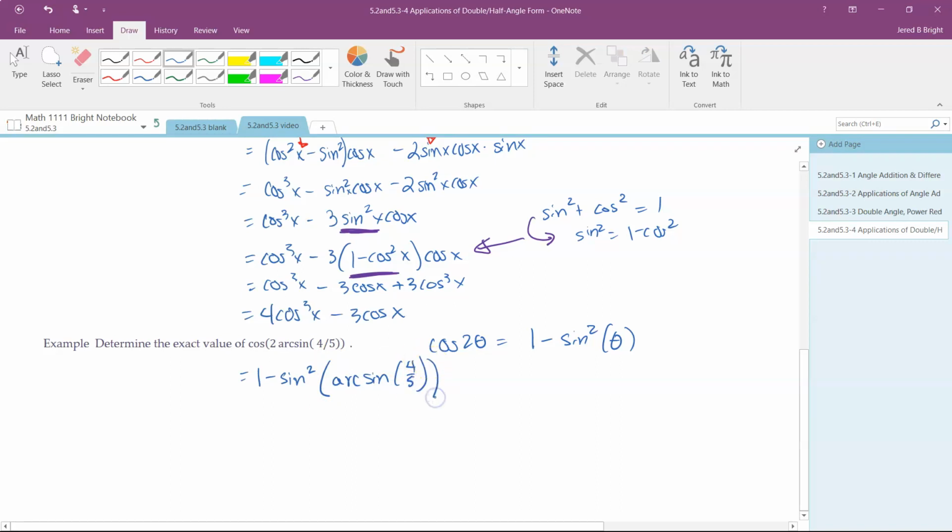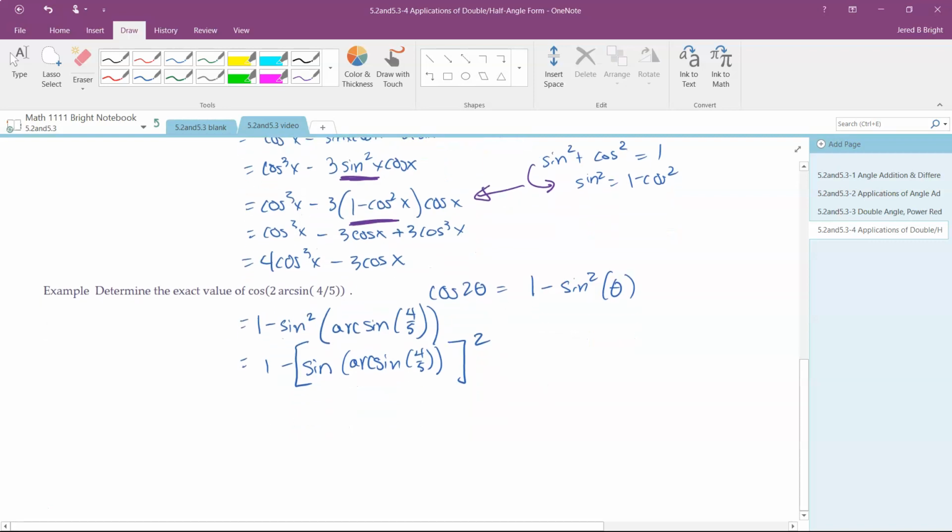We can try that one, okay? And now really, the sine squared, you might recall, is the same as saying we take sine of arcsine 4/5 and square that.